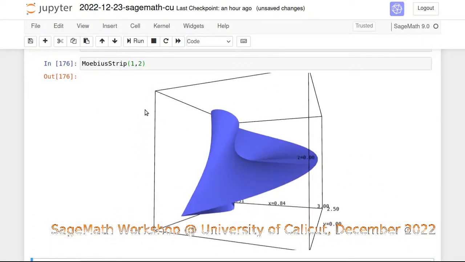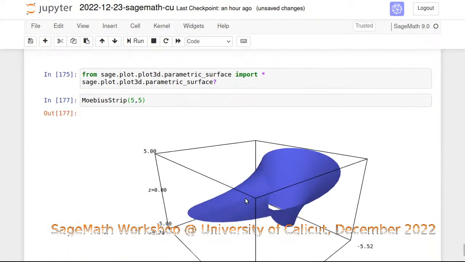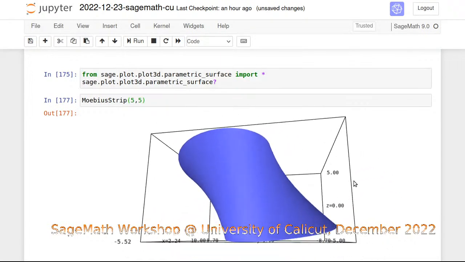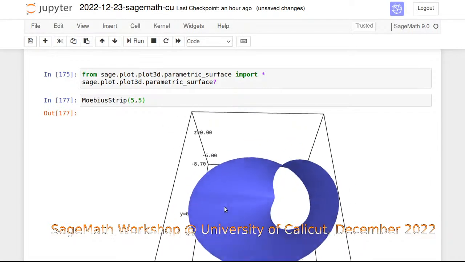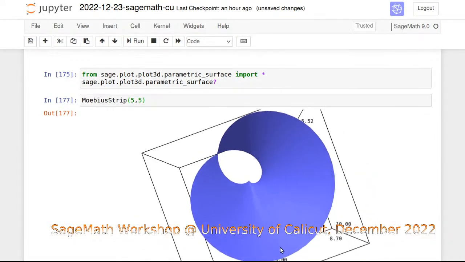This is the Mobius strip. Suppose now we give 5, 5. You actually get a strip kind of thing. So it uses 2 parameters, x and y, or u and v.